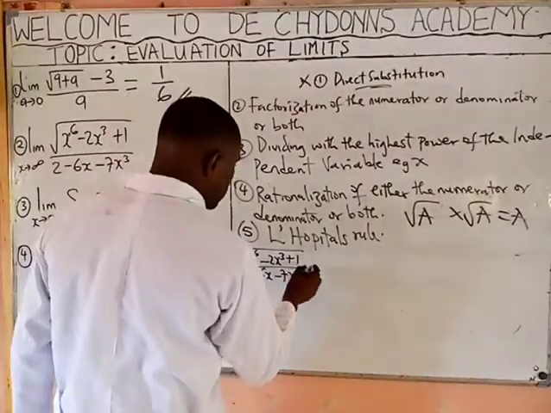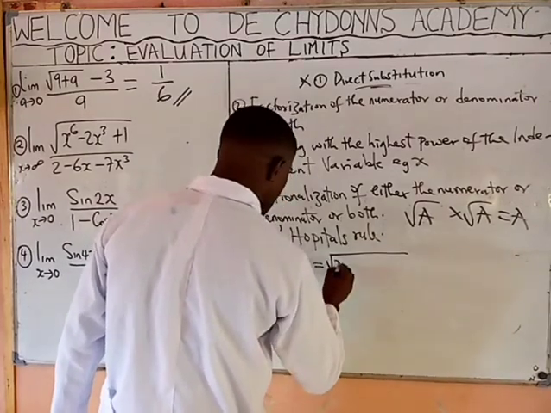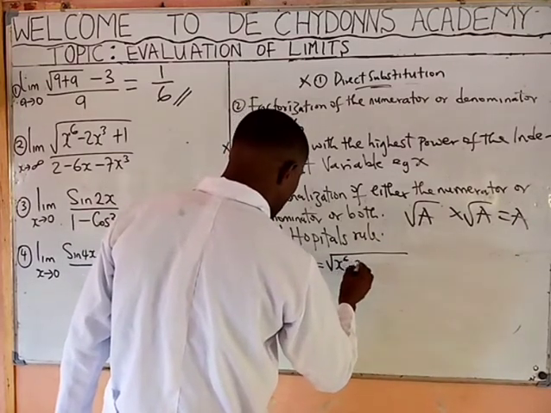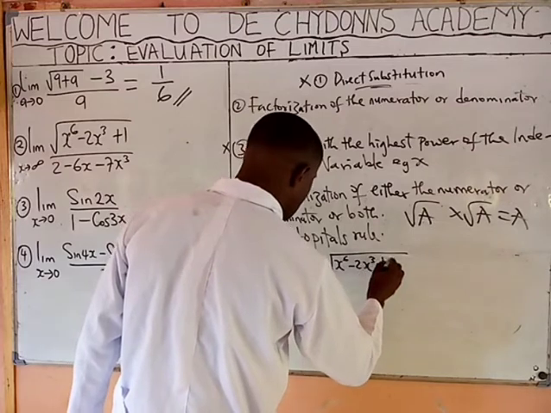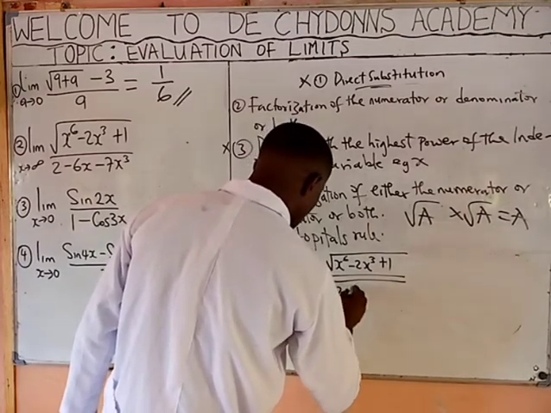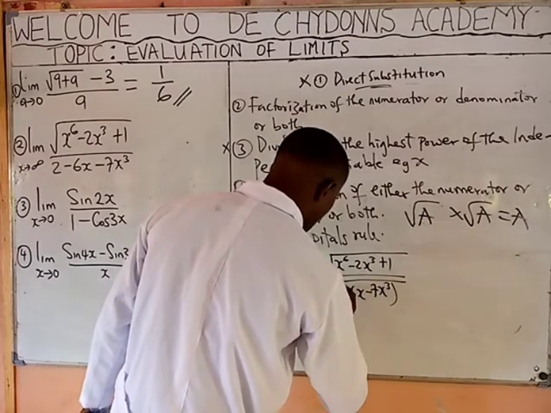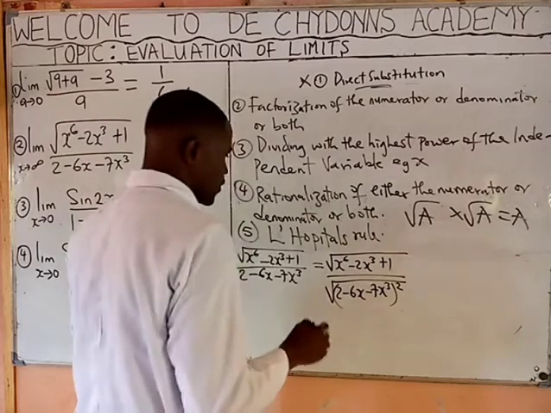Now, this thing you have is the same thing as square root of x raised to power 6 minus 2x raised to power 3 plus 1 all over square root of 2 minus 6x minus 7x cubed all raised to power of 2.